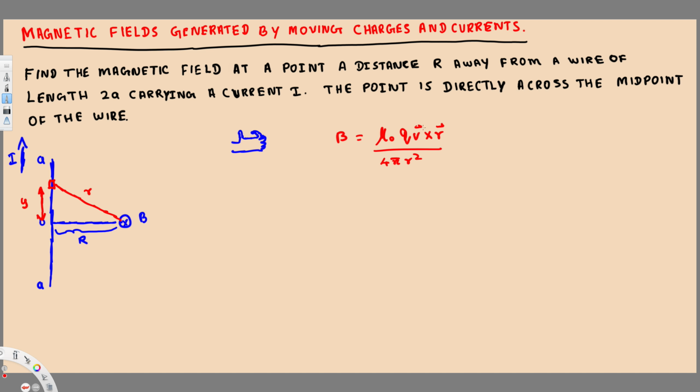First of all, I can rewrite this equation in a different way, using sin theta instead of this cross r. So this is going to be mu naught q v sin theta over 4 pi r square. Since they are talking about current and the distance, we can rewrite this in a different way.